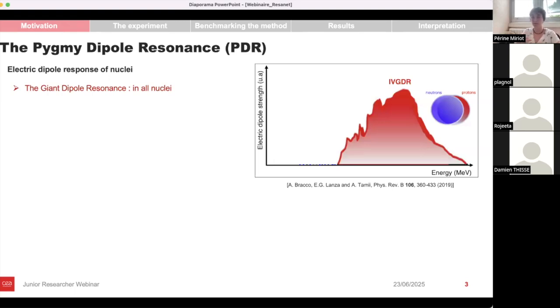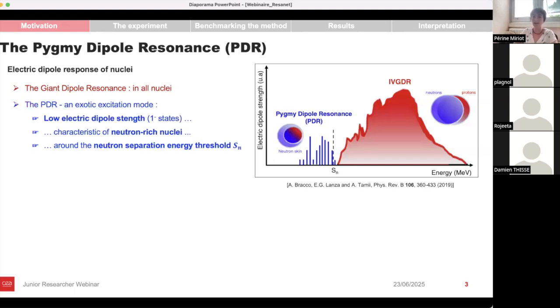the proton fluid. It has been observed, however, in this electric dipole response that as we study more and more neutron-rich nuclei, there is the emergence of a low-lying electric dipole strength, and those states have been called the pygmy dipole resonance.